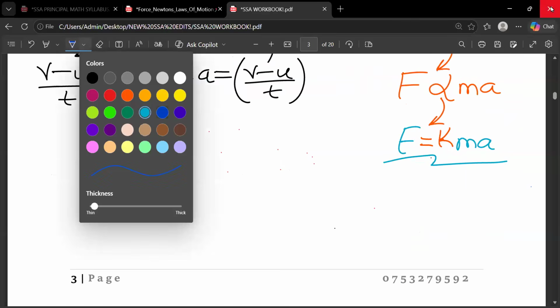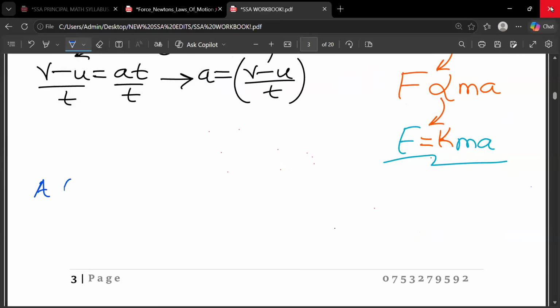So they tell us that a force of 1 Newton, okay? What does it do? We really want to know. This force of 1 Newton always produces an acceleration.